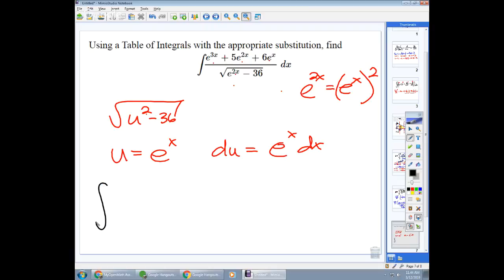My claim is that I'm going to pull an e to the x out of the numerator, which is like, factoring is like dividing, right? So if we take e to the 3x and we divide by e to the x, what do we get? e to the 2x. Yeah. And then I'm going to get a 5 e to the x, and then 6 e to the x, I factor out e to the x, it's just a 6.